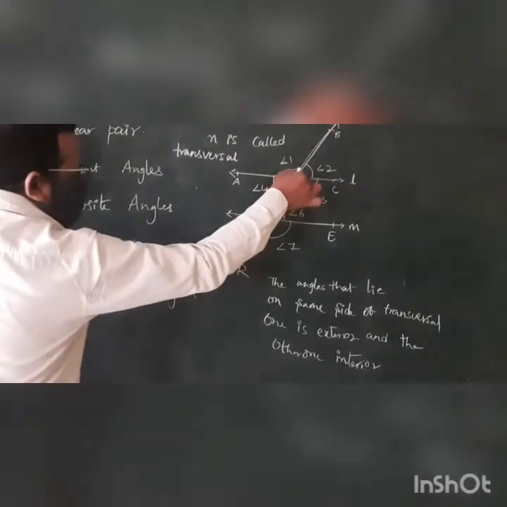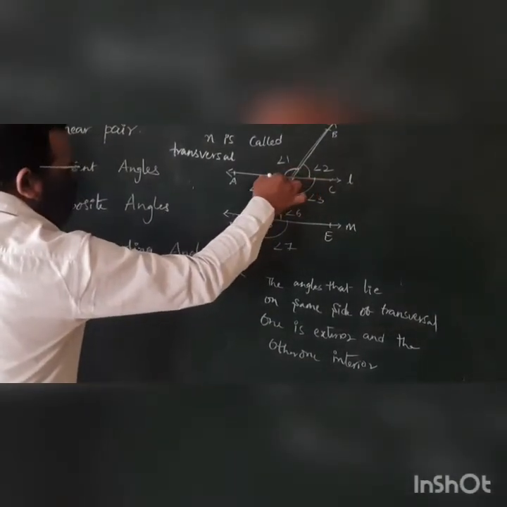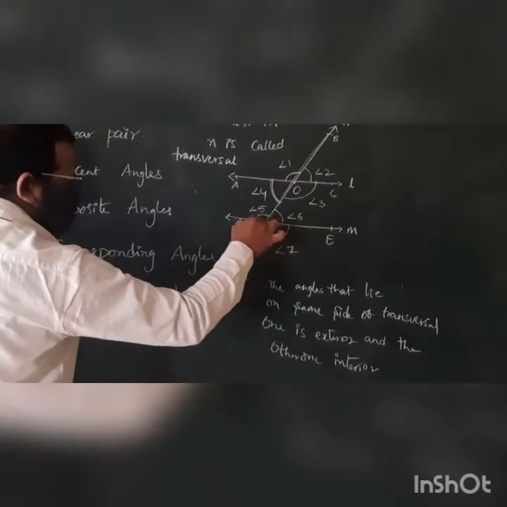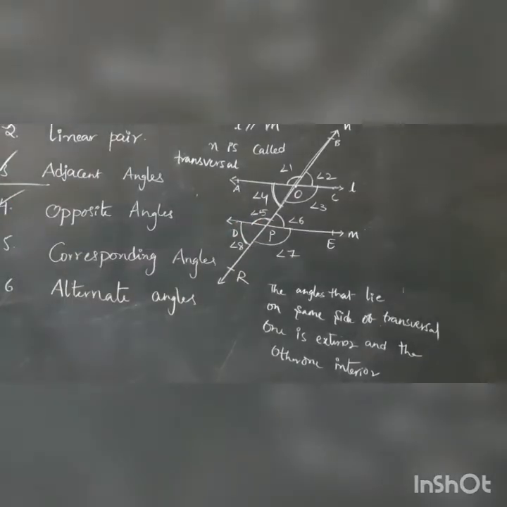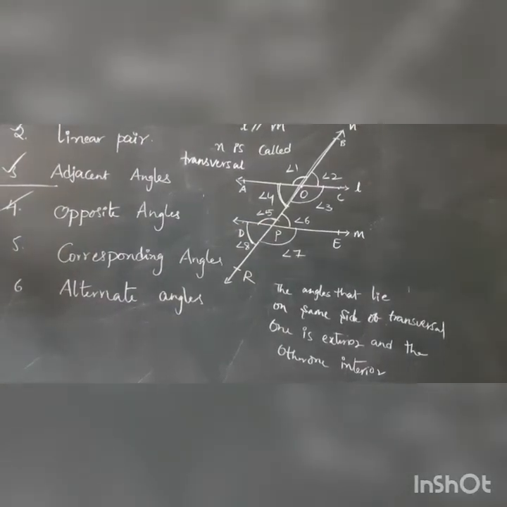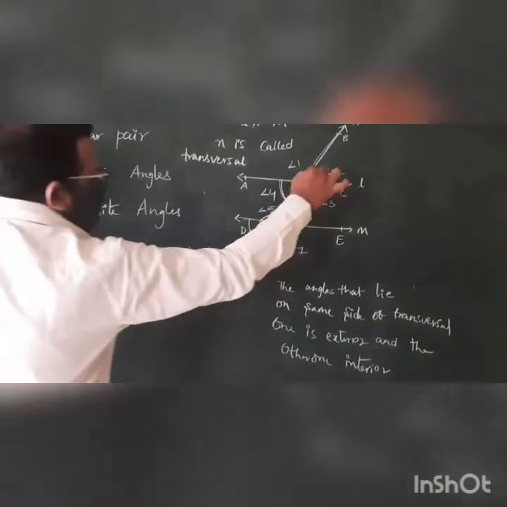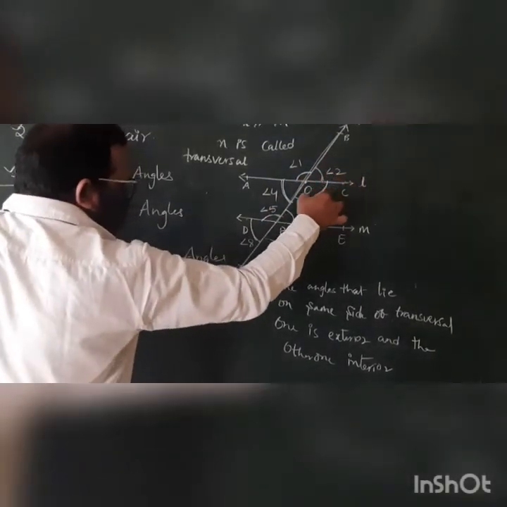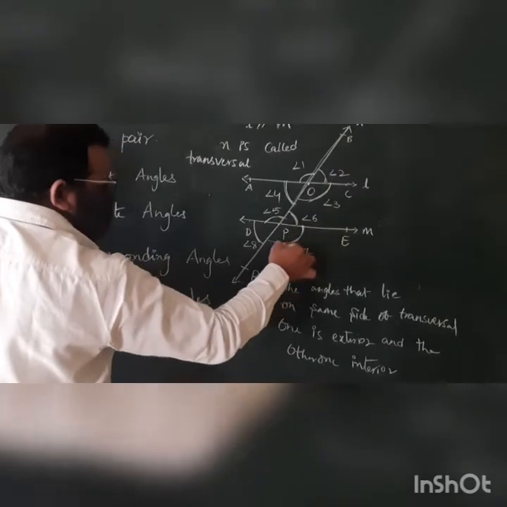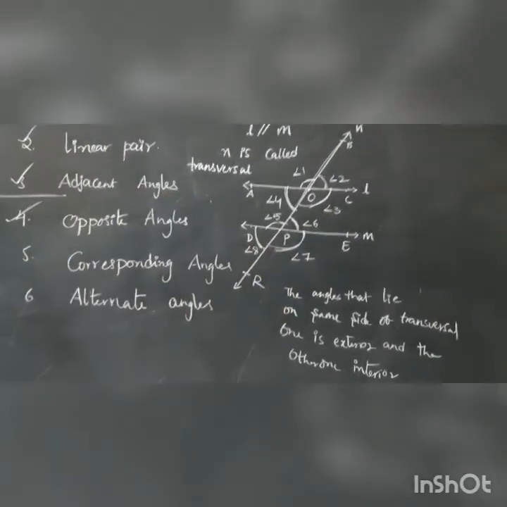Now see, here angle 1, angle 4, angle 5, angle 8 are on the same side of the transversal. Same side. Okay? What are the other angles? Angle 2, angle 3, angle 6 and angle 7. These are on the same side of the transversal.